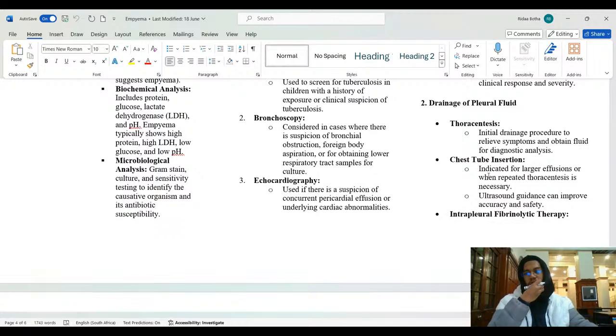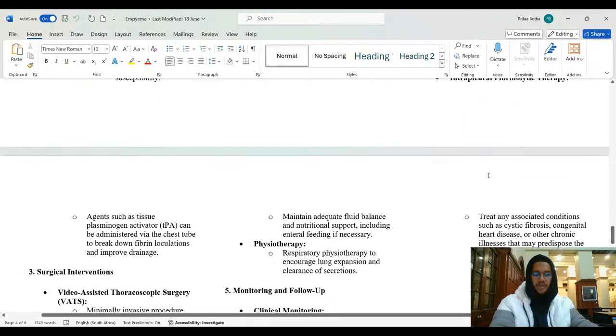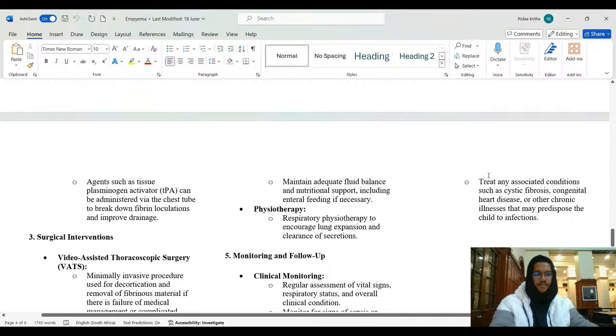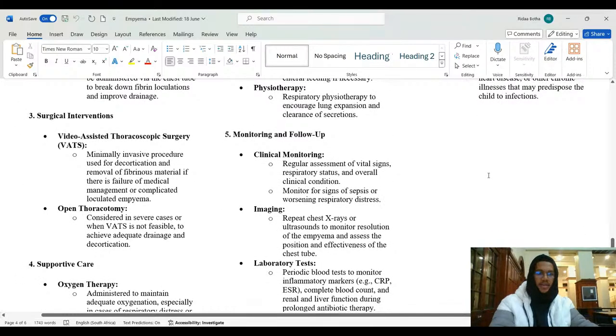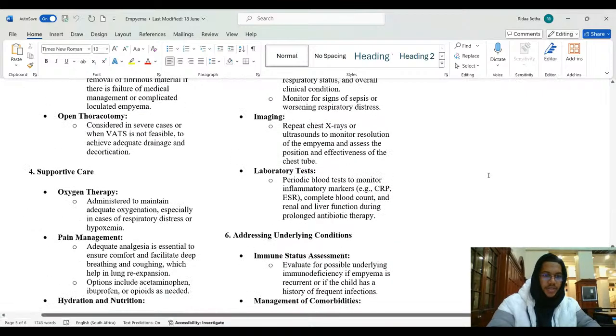Drainage of pleural fluid, so thoracentesis to relieve symptoms, and a chest tube for larger effusions, intrapleural fibrinolytic therapy. There could also be some surgical interventions, an open thoracotomy or video-assisted thoracoscopic surgery.